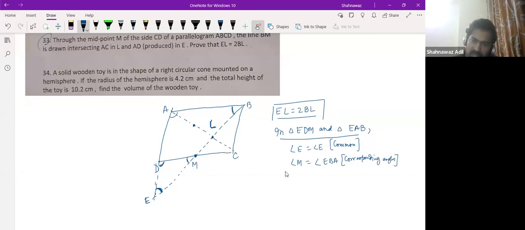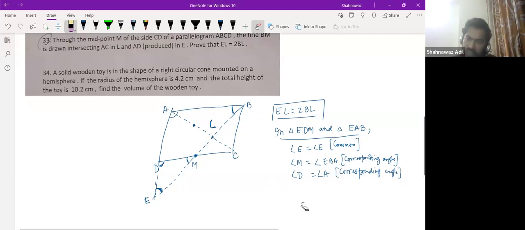And then angle D is equal to angle A, again corresponding angles. So then what can you write? First we have to write that triangle EDM is similar to triangle EAB by AAA criteria.